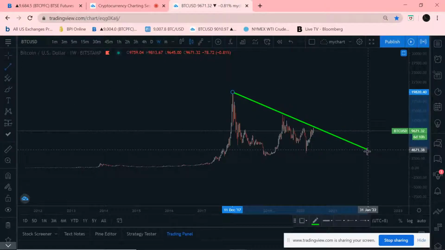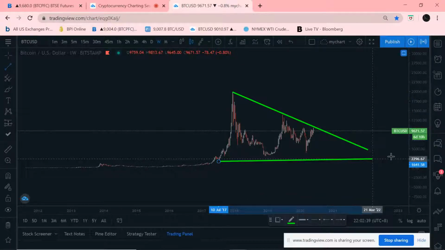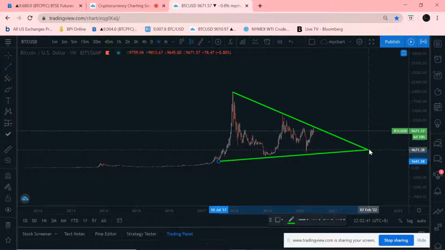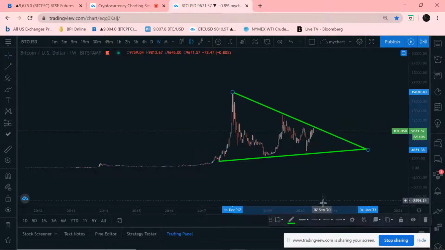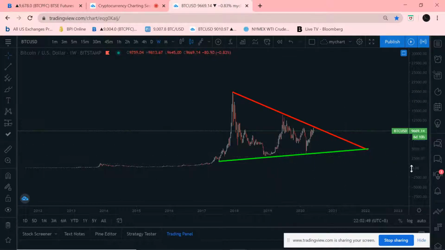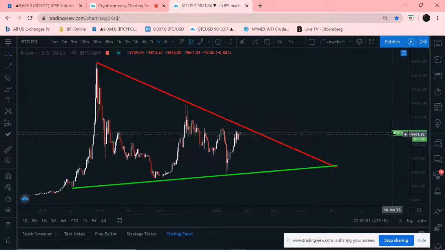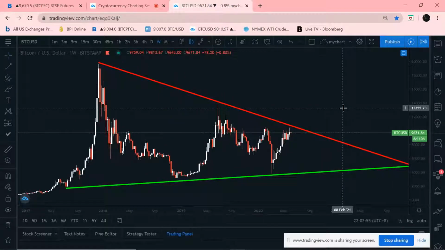This is actually the trend I'm looking at. Let's make it red. Red means resistance, and of course, green is the support we are looking at. As you can see, it is actually a symmetrical triangle.